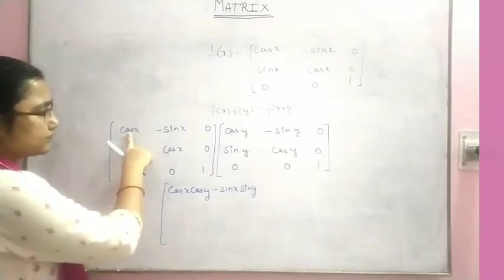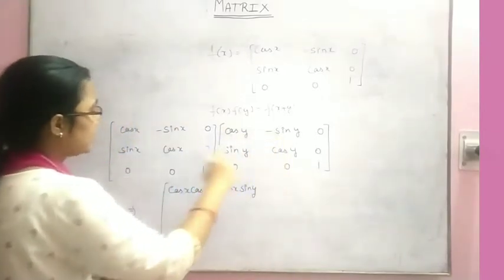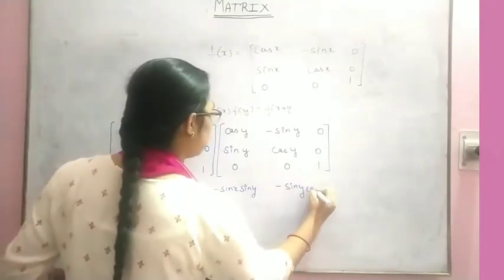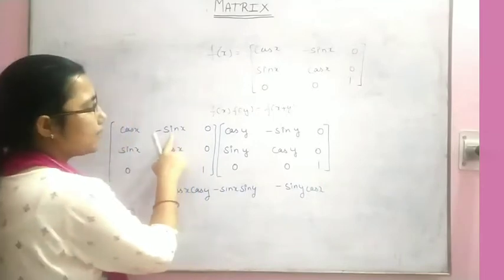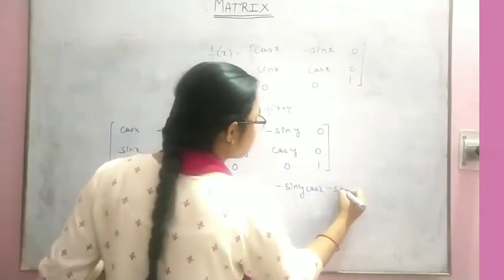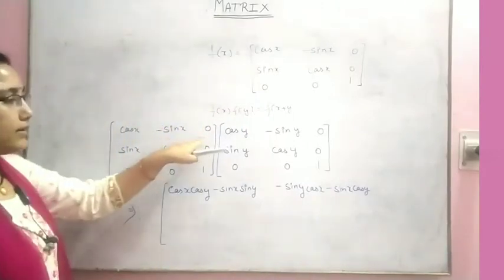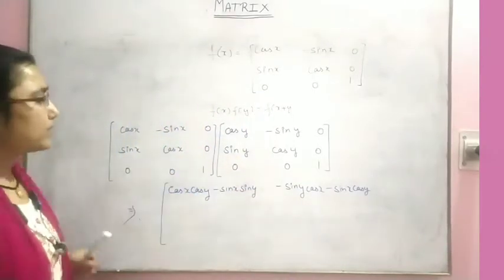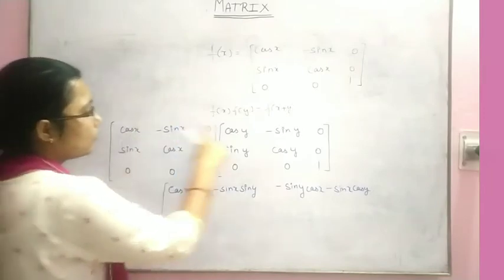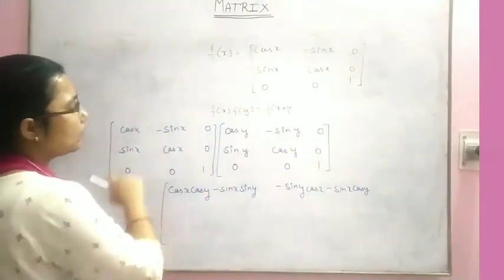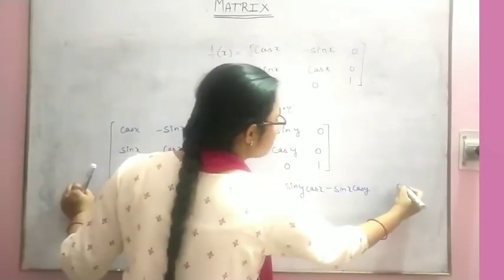Next, first row and second column. This is minus sin y cos x minus sin x cos y, and again the last term is 0. Now cos x into 0 is 0, minus sin x into 0 is 0, and 0 into 1 is 0.